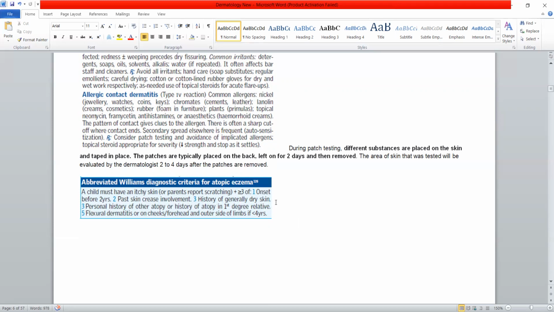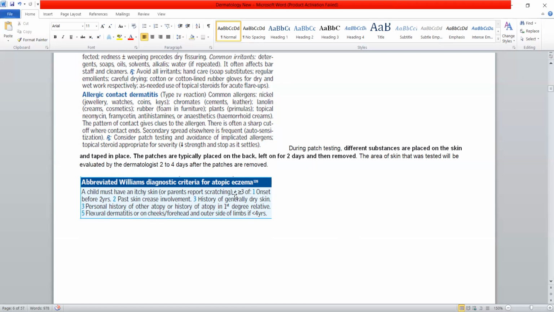Third is a history of generally dry skin, or a personal history of other atopy, or a history of atopy in a first degree relative. And there is dermatitis on the cheeks, forehead, and outer side of limbs if age is less than 4 years.